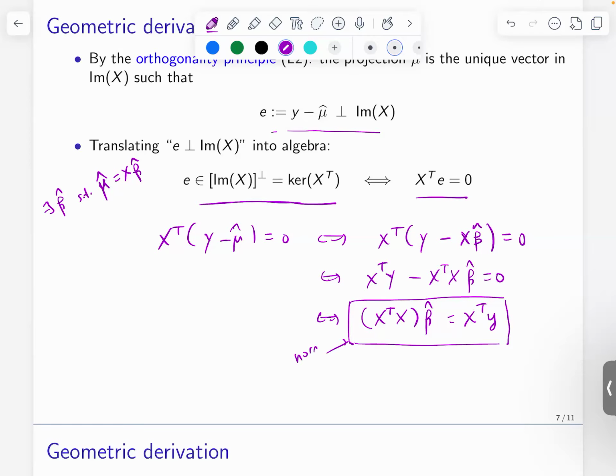It's called normal equations. And it's just really a restatement of the fact that the error is orthogonal to the image of X, or the error belongs to the kernel of X transpose, really.